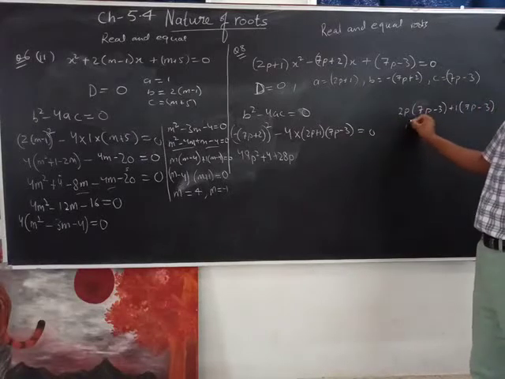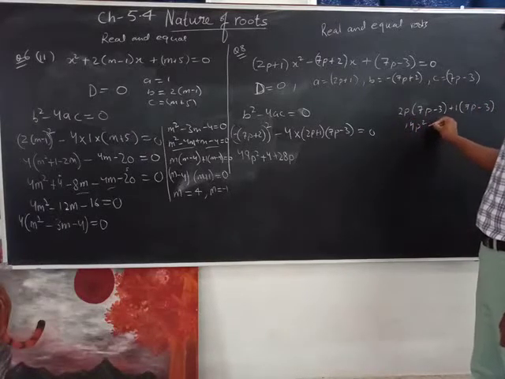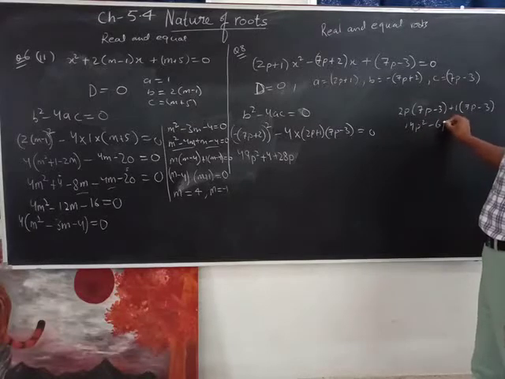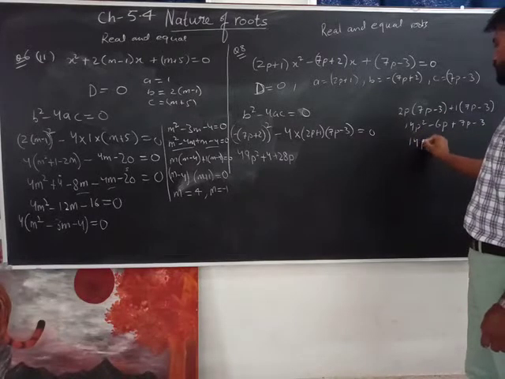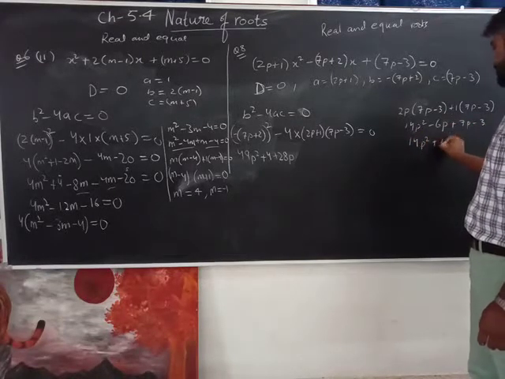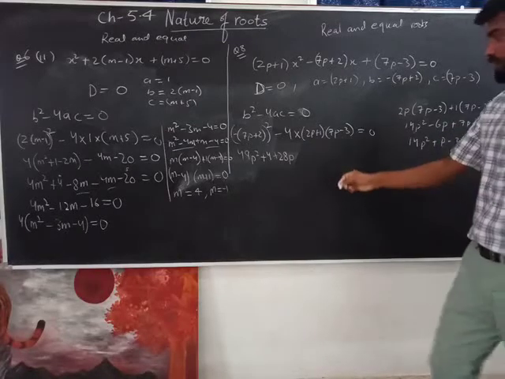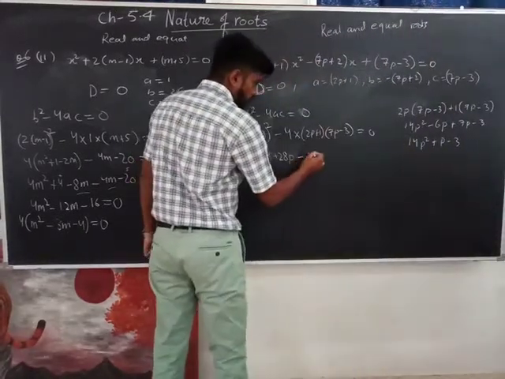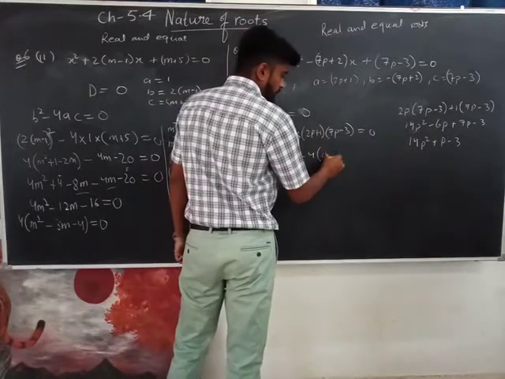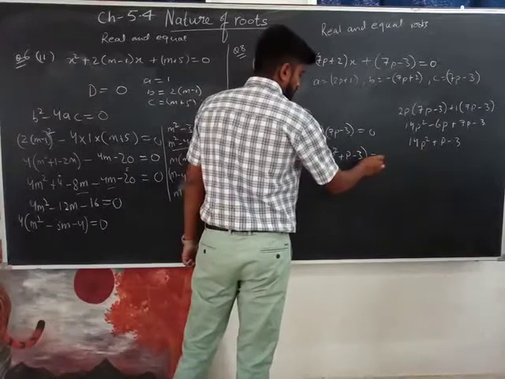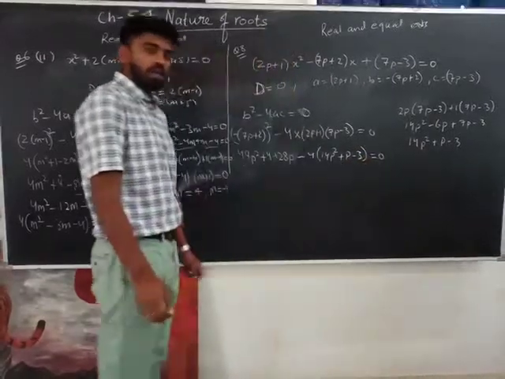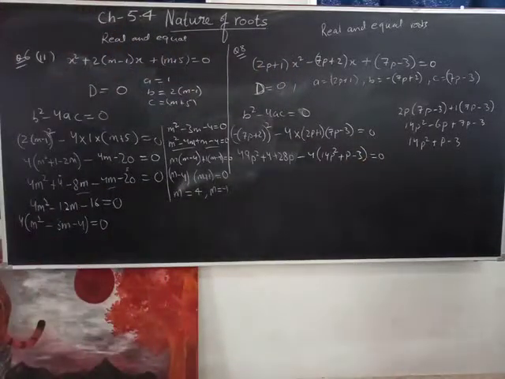So if I multiply them, 14p square minus 6p plus 7p minus 3. So the like terms are 14p square, plus p minus 3. So I'm going to write it over here. Minus 4 multiplied by 14p square plus p minus 3 equals 0. Okay, I didn't want to make this question a very big question, so that's why I did this.